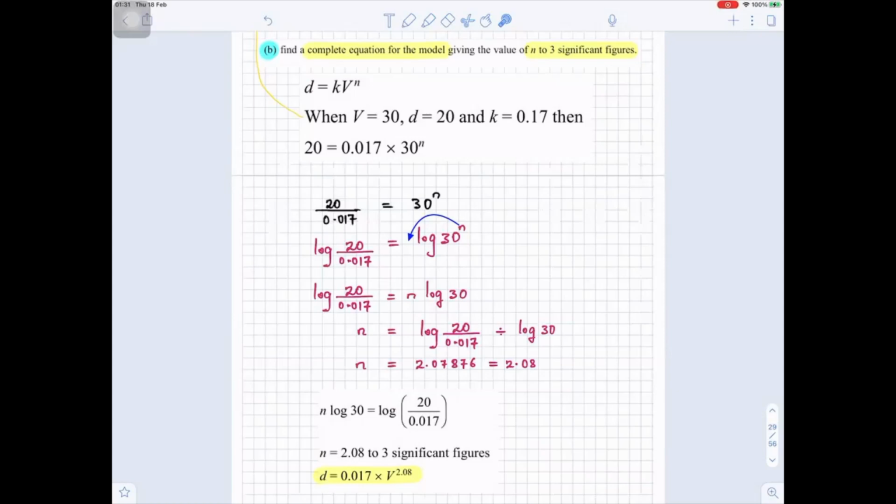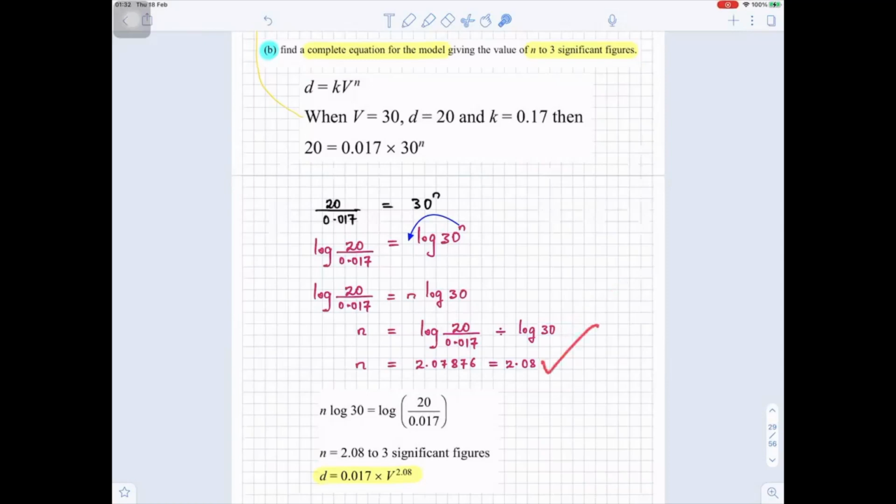We take logs, we put logs in front of both of them. Power to the front law, the n comes to the front. So log of 20 divided by 0.017 is equal to n log 30. So how do we get n? We divide by log of 30. So n is equal to log of 20 divided by 0.017, divided by log 30.